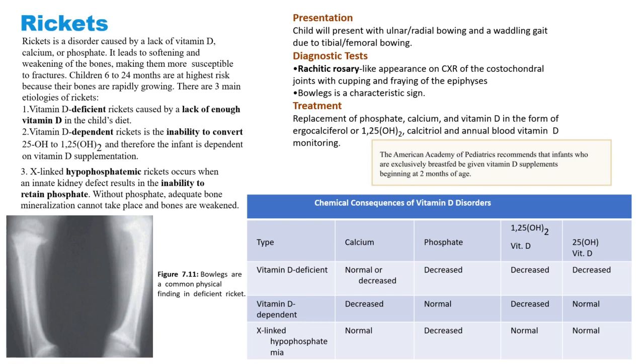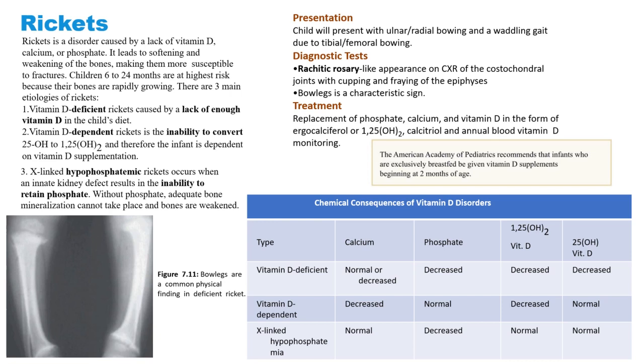Bow legs are a characteristic sign. The treatment is replacement of phosphorus, calcium, and vitamin D in the form of ergocalciferol or 1,25-OH2 calcitriol and annual blood vitamin D monitoring.